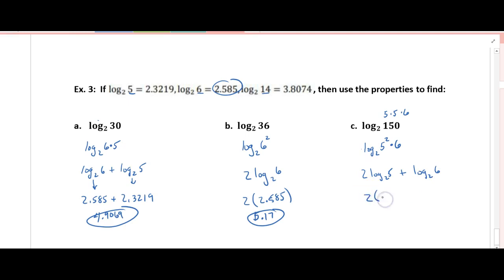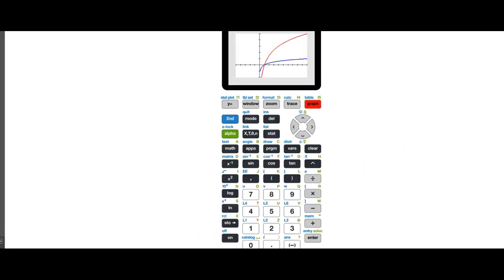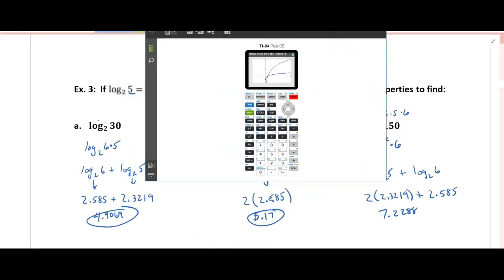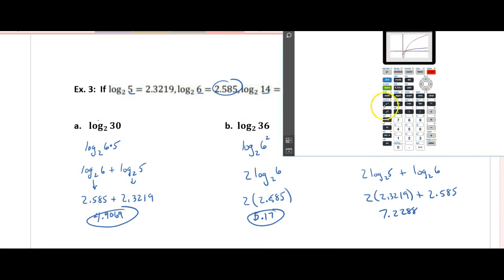So I'm basically doing 2 times 2.3219 plus 2.585. So 2 times 2.3219, and then add the 2.585, gives me 7.2288.